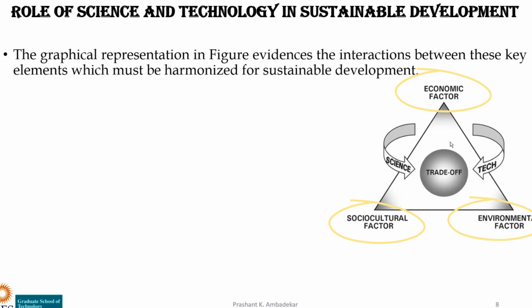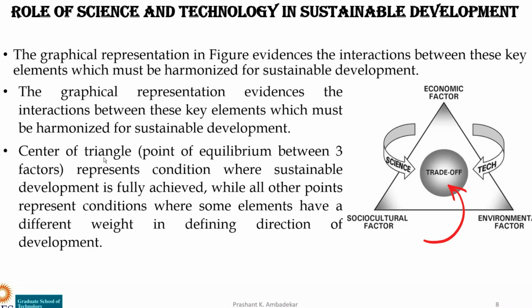And who is going to do this? It will be done by science and technology, so that this factor, this factor, and this factor should be taken into consideration. In the center of the triangle, you can see the point of equilibrium between the three factors. This center of the triangle, or point of equilibrium, or CG if you can say, represents the condition where sustainable development is fully achieved.